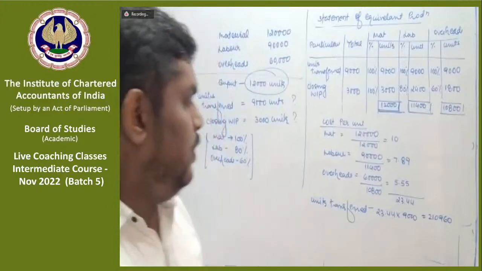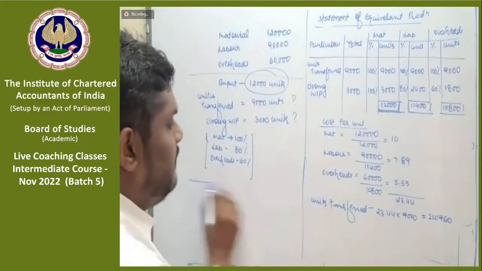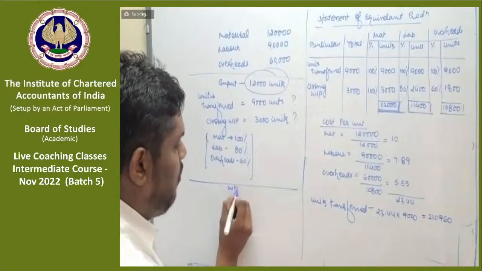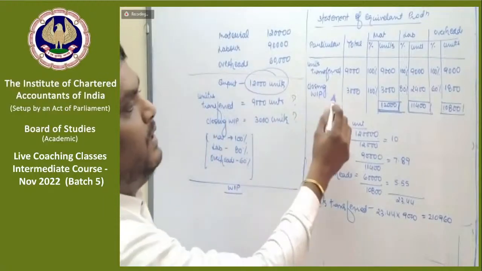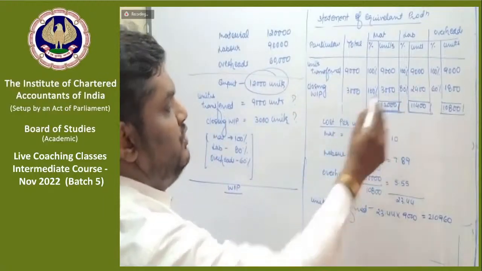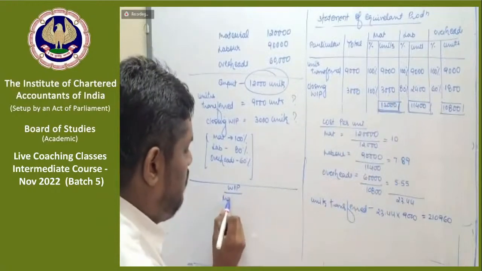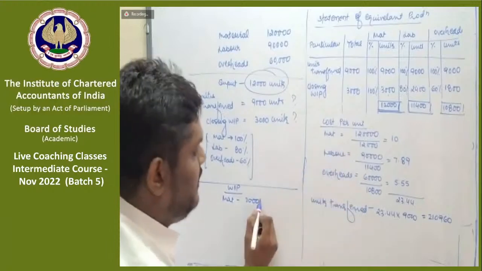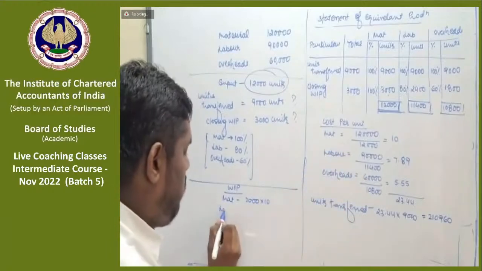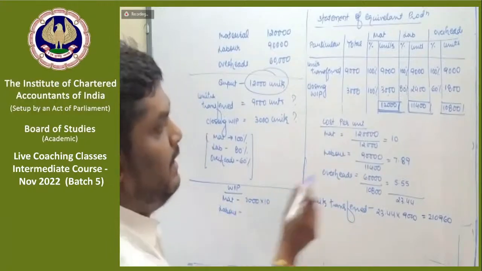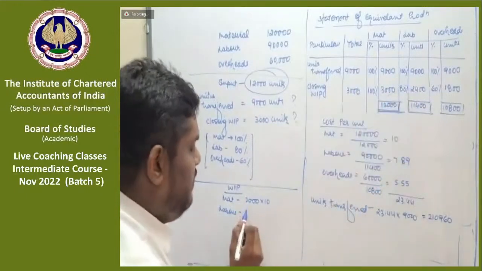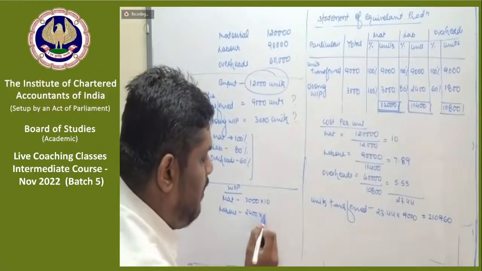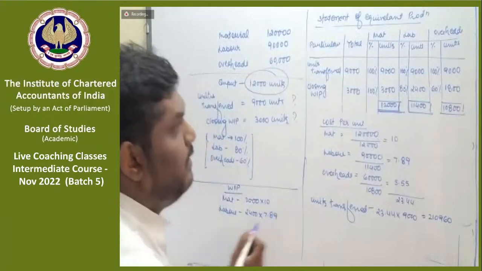When talking about valuation of work in progress, when talking about material, it is 3,000. So 3,000 into 10. Labor is 2,400 into 7.89.